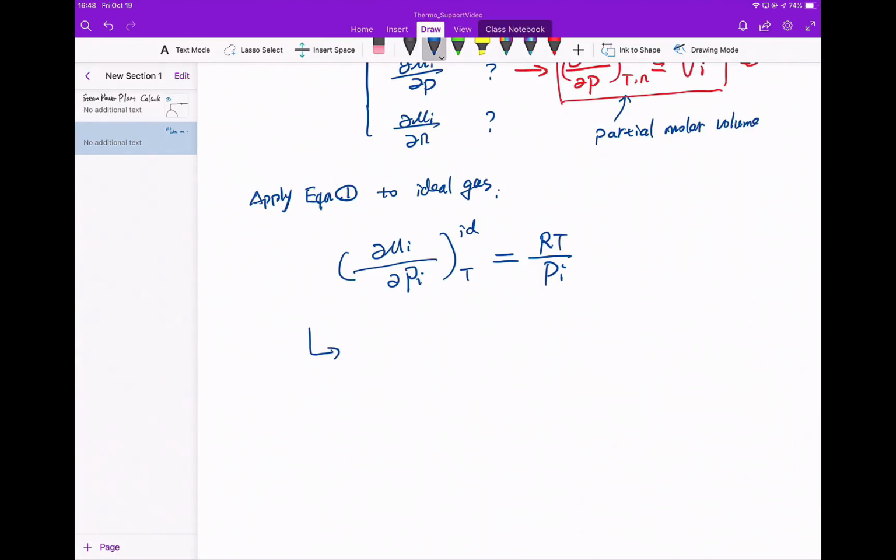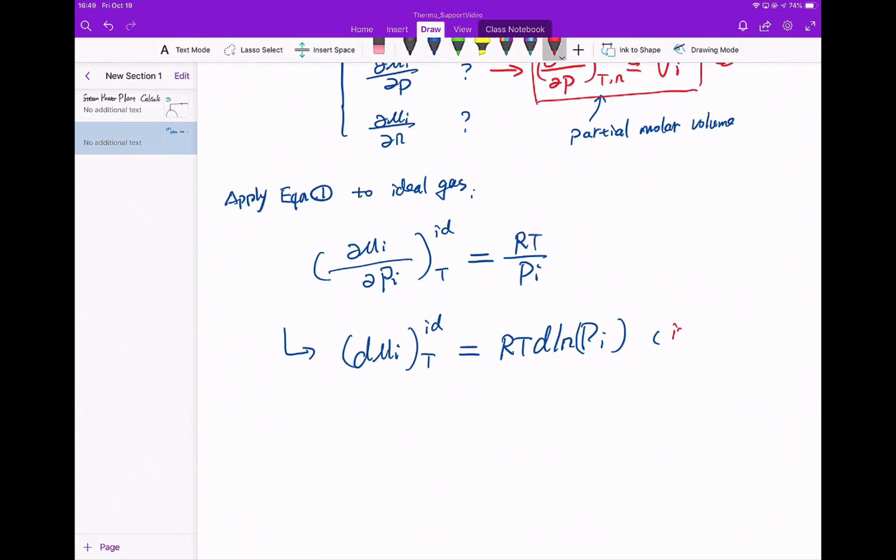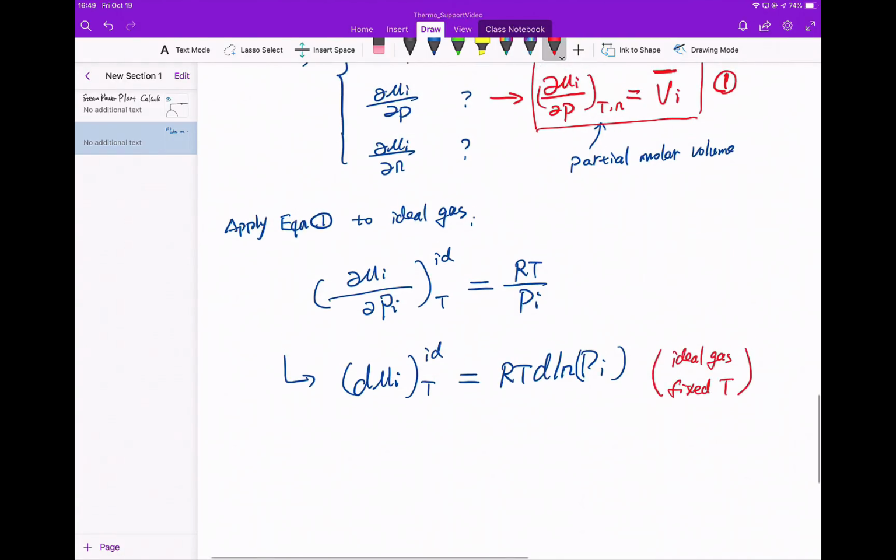We reorganize this a little bit, then we figure this is d mu I. But of course this is still for the ideal gas at a fixed temperature. This is RT d log Pi. That is ideal gas and fixed temperature. We call this equation 2.